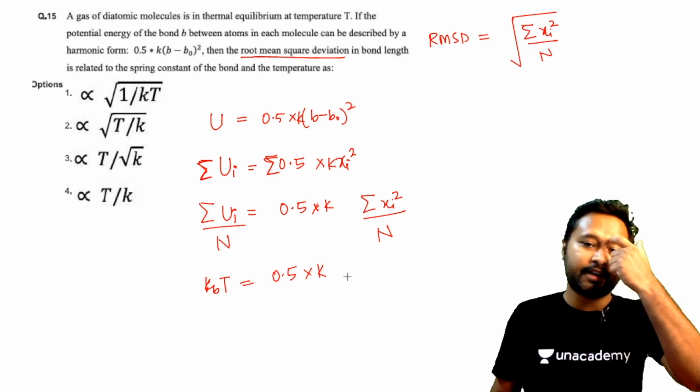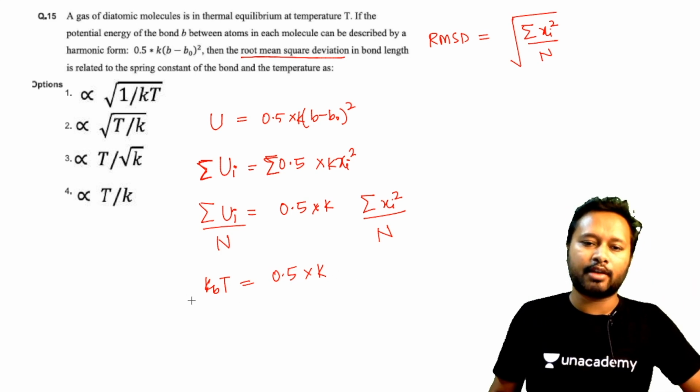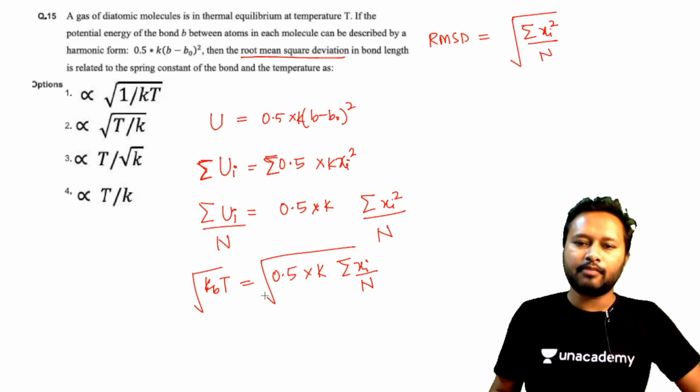One more thing you can do is taking the square root on both sides. Let me first write it down: sigma xi square by n, and taking the square root on both sides. Now what I get is this value, which will be RMSD.